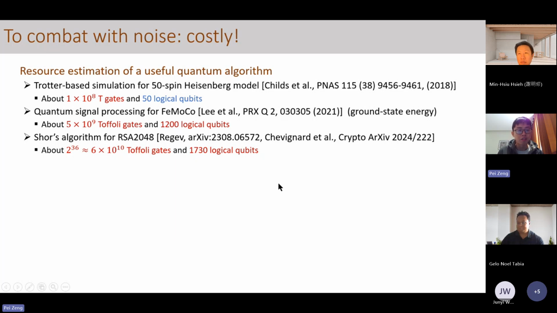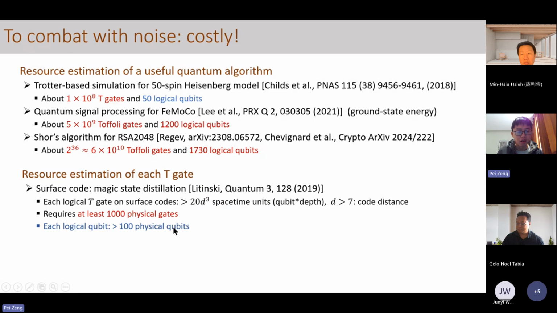But if you check their resource cost, you can find the estimation in this paper is that they still need a lot of T gates or Toffoli gates, and it also requires a large number of logical qubits. If you take the resource cost of each T gate into account, because for each T gate you need to do magic state distillation.